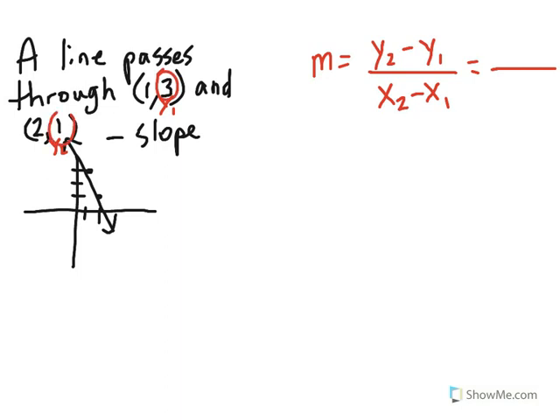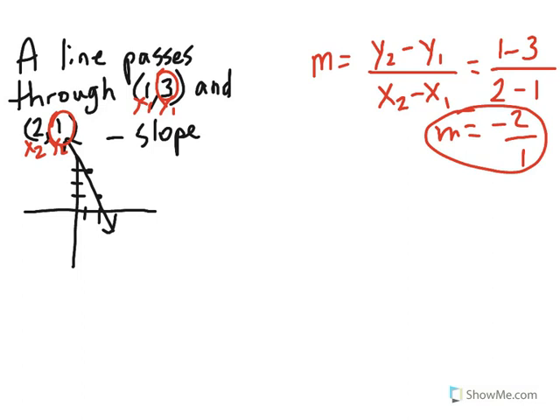So I'm going to take 1 minus 3. And on the bottom I'm going to take x2 and x1 and subtract those: 2 minus 1. When I calculate that out, I end up with negative 2 over 1. So I have a slope of negative 2. That's perfect. That matches what I think I should have.